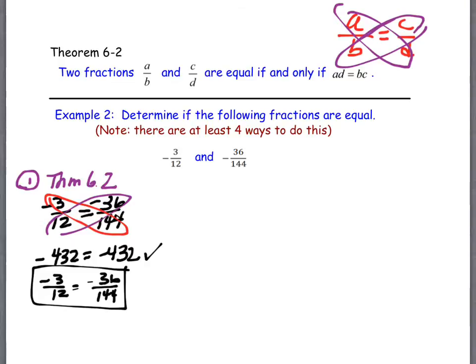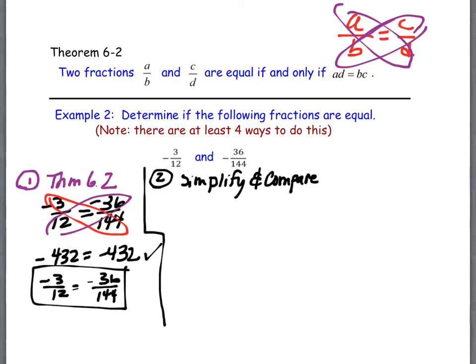They are equal. All right, we're going to do option number 2, or method number 2. One way to do this would be to take fractions, especially if fractions are not simplified, and to simplify both of them and compare.